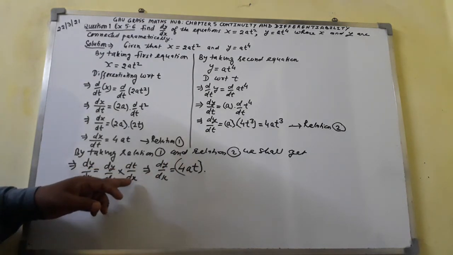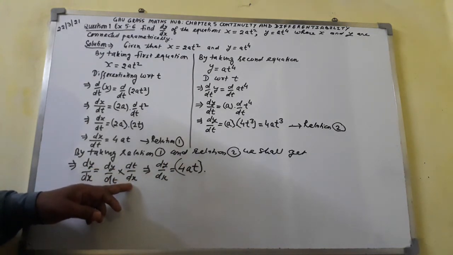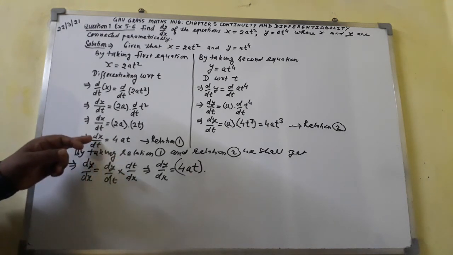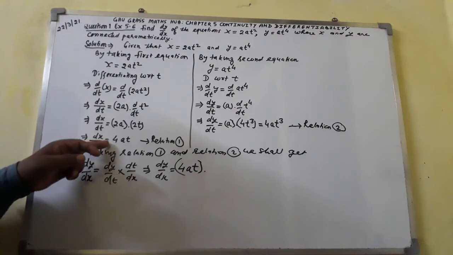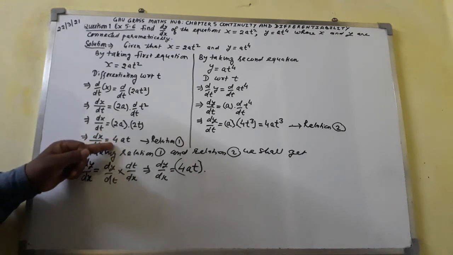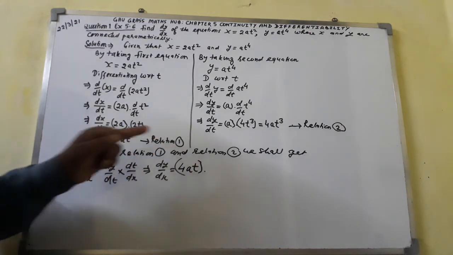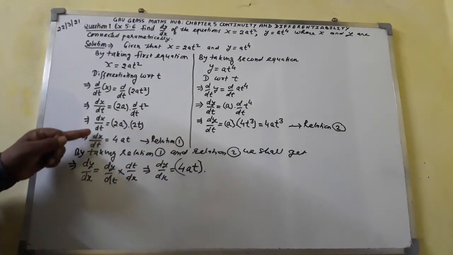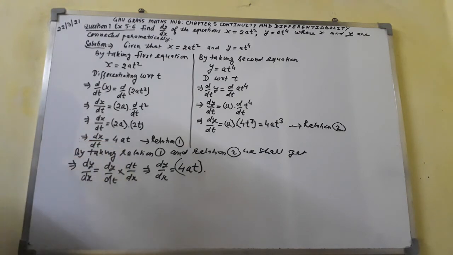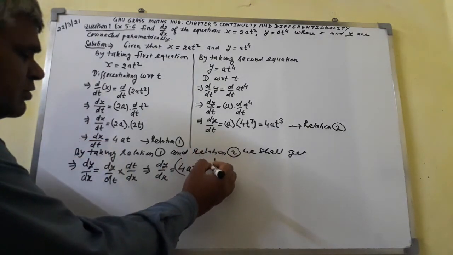In place of dt over dx I shall write this value. So dx over dt equal to 4at, from relation number 1. So here I shall reverse the relation number 1. We shall get dt over dx equal to 1 over 4at.